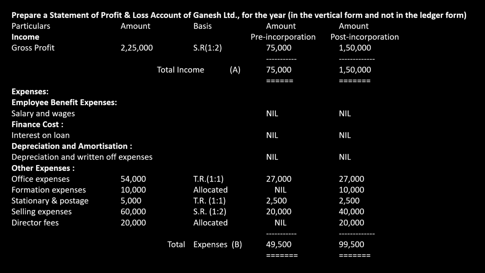So you subtract one from the other, that is A minus B. The total income is named A, the total expense is named B. When you subtract B from A, you will get the net profit. Okay, that we'll see in the next slide.